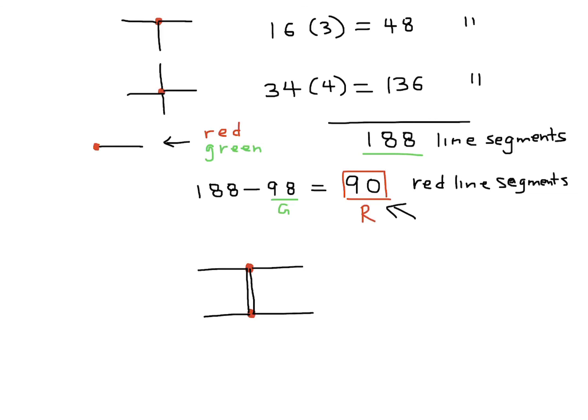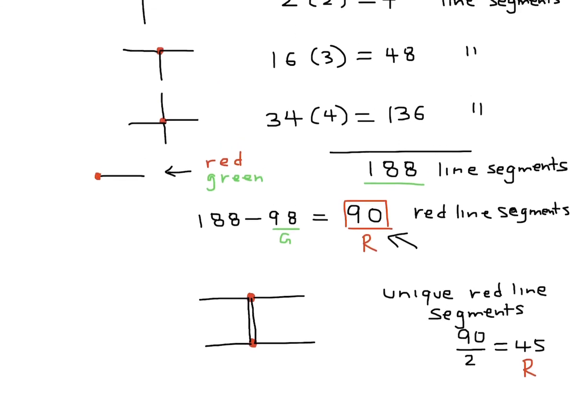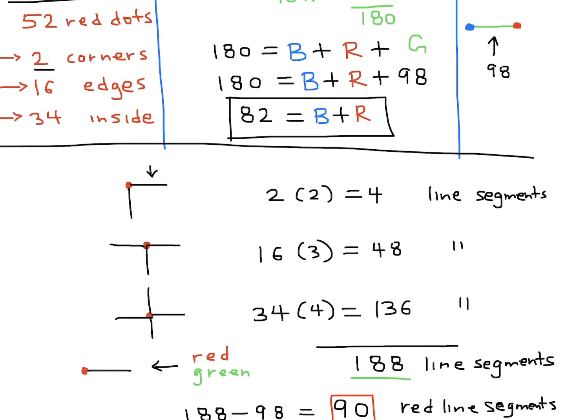So the actual number of unique red line segments is 90 divided by 2, which is 45. Okay, so that's a pretty tricky part of the question. Now at this point we're pretty much done. We have 45 red, and now we can use this equation. We got 82 is blue line segments plus red line segments.